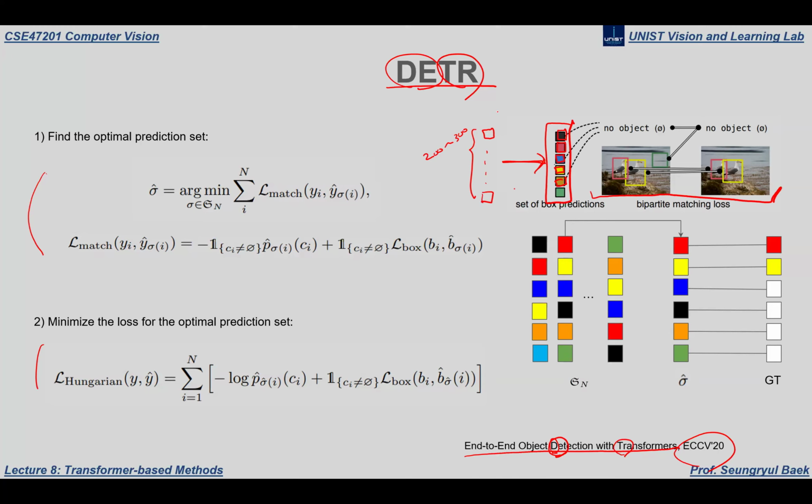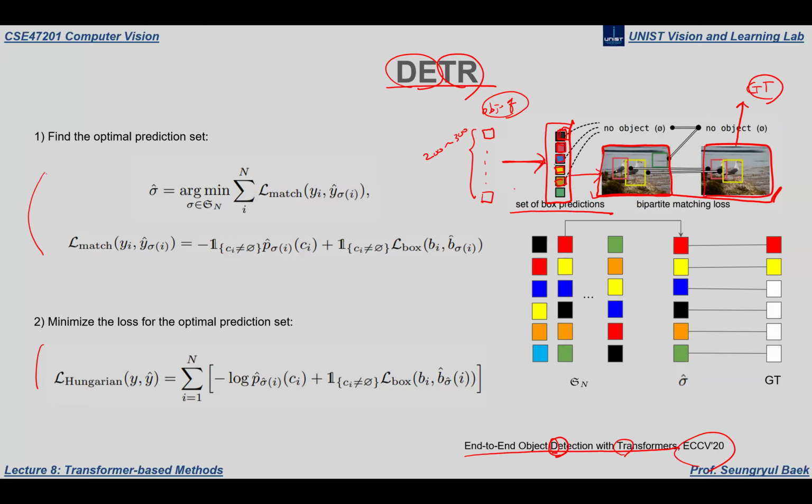So each object query is mapped to one bounding box and class probability. Okay, so we call that a set of box predictions. Okay, and this is visualizing this information.